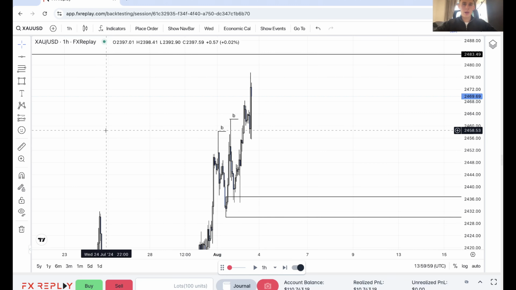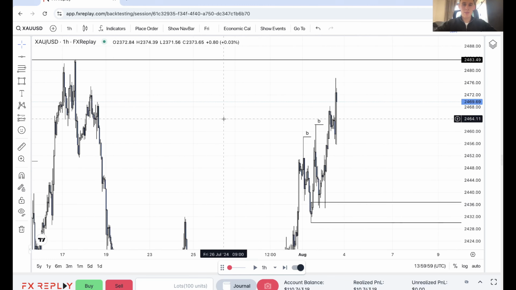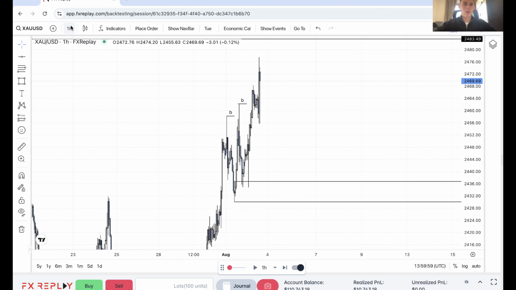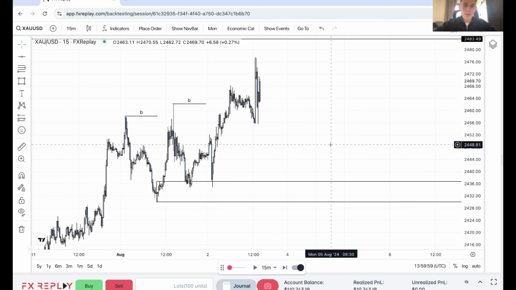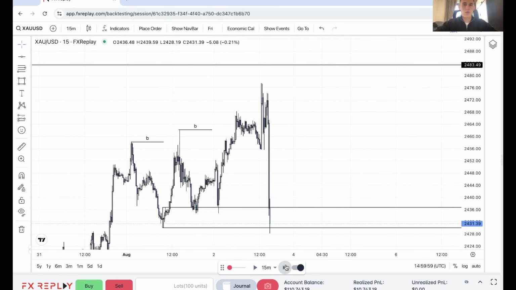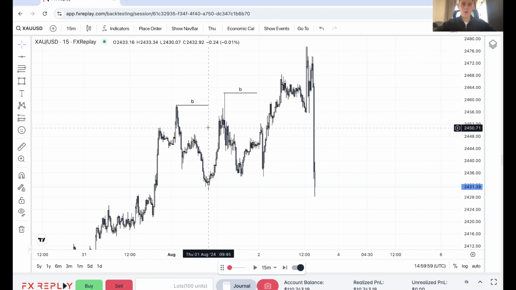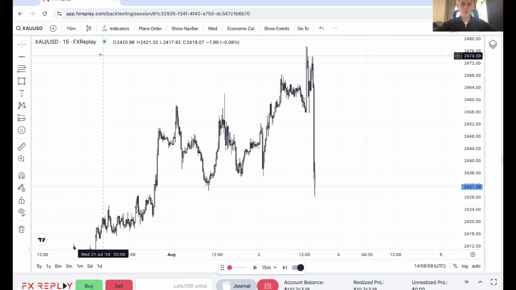Not really seeing too much just yet. Price took out this liquidity as well, so you could see a bigger retracement. Yeah, so probably going to get a bigger retracement now.